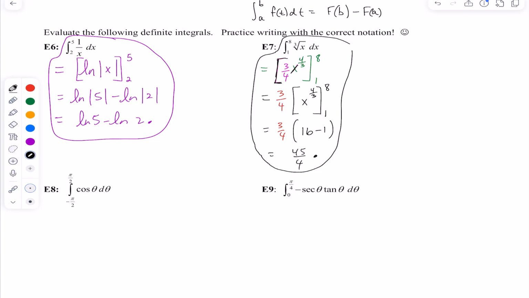We really didn't solve anything. We just wrote a lot of substitutions. Antiderivative of cosine of theta is actually simply the sine of theta. And remember, you have your trig values of your common functions with common angles memorized.